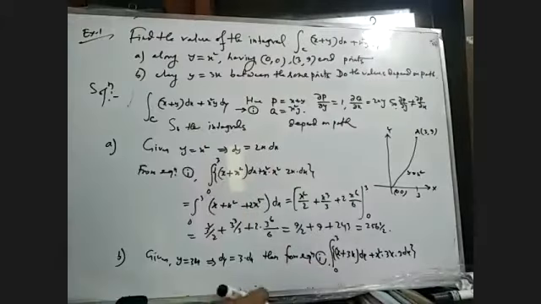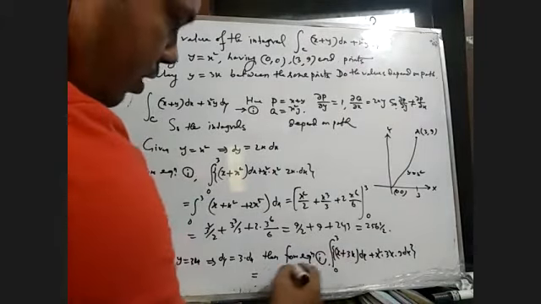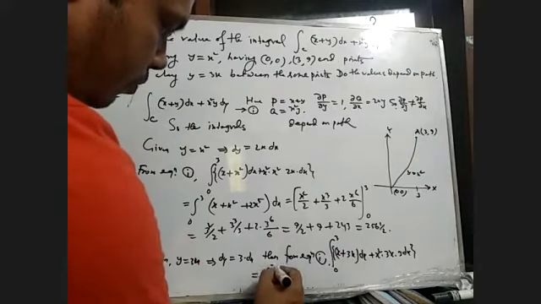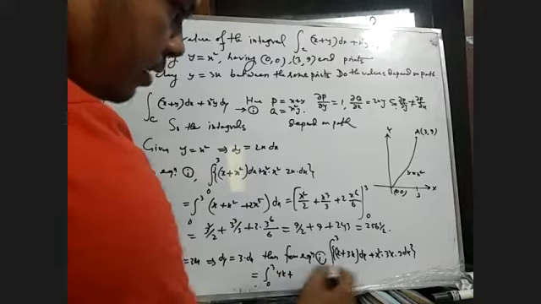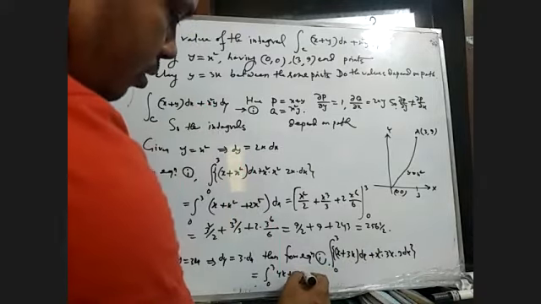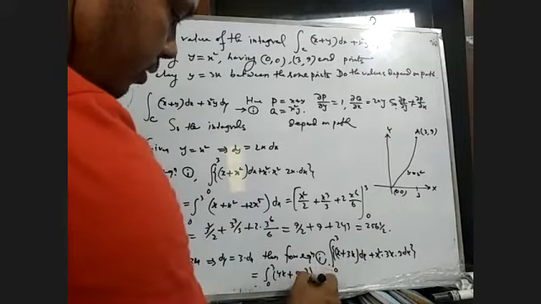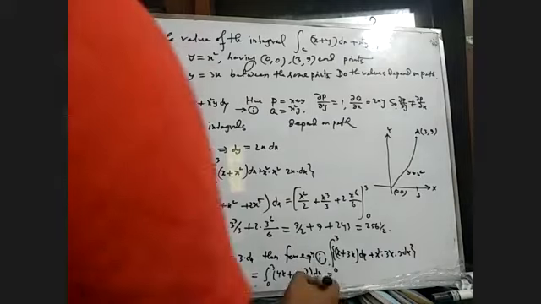Okay, so from this line we can write the integral from 0 to 3 of 4x plus 9x cube dx. Simple integration, definite integral.